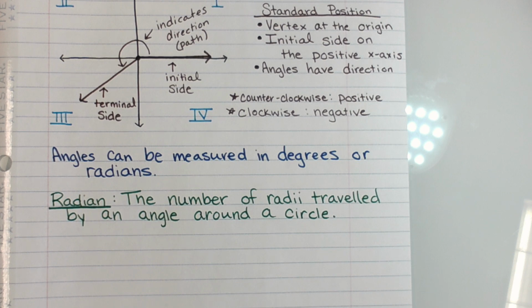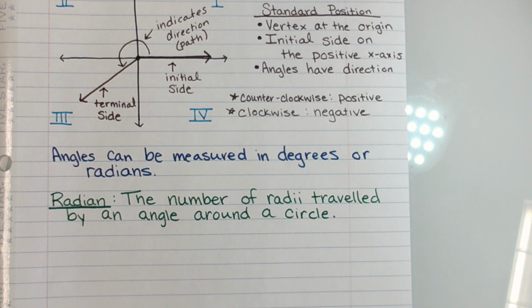For example, if the radius of this circle, the distance from here to here, were 3, then the number of radians would be how many times 3 fits around this.